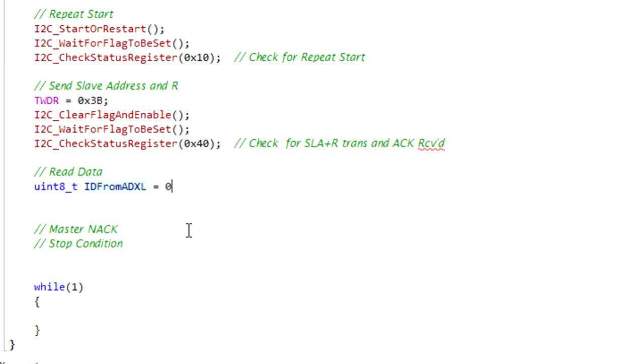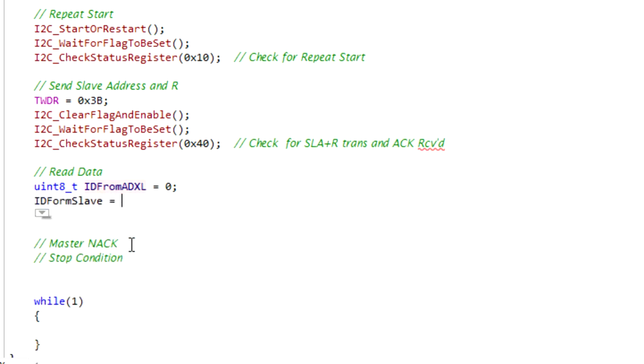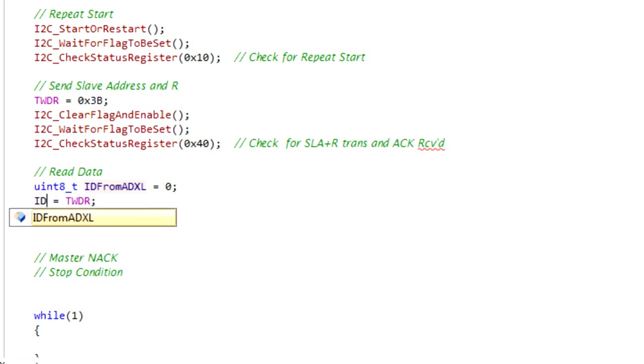I'll initialize it as well before I do that. And now I need to make that equal to the TW data register. I don't know why I had that in here like that. Let's see. It's weird. There we go. That's better.